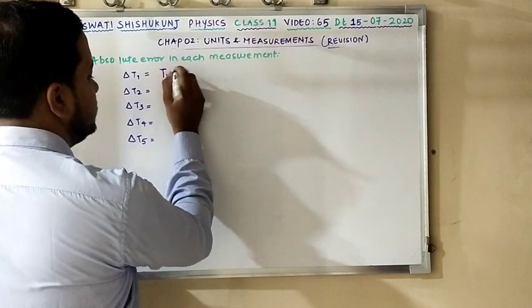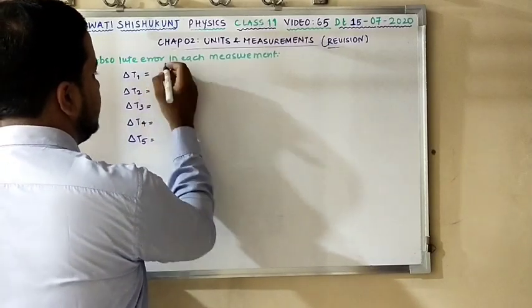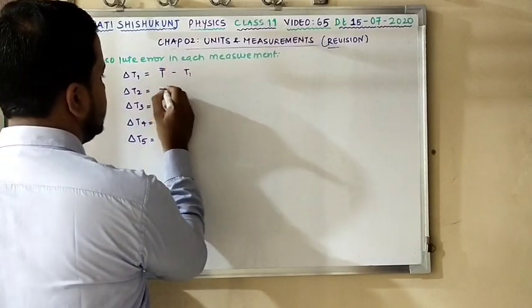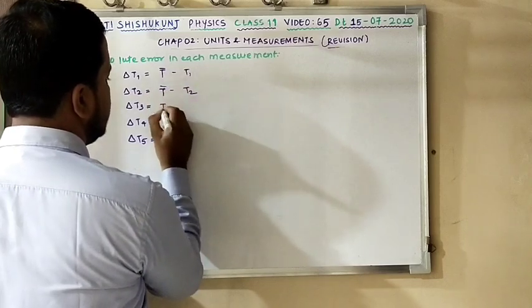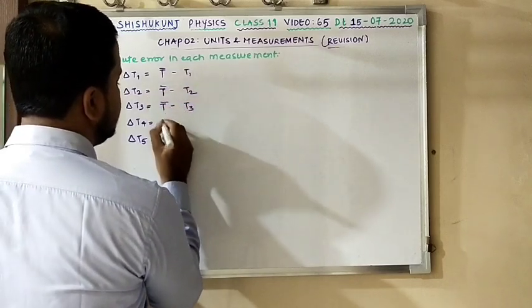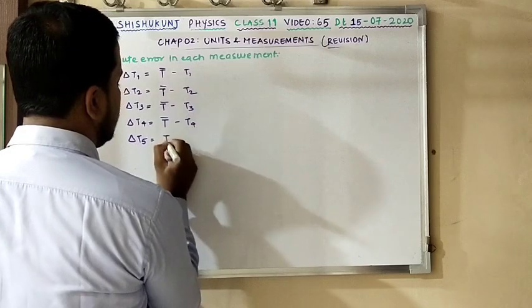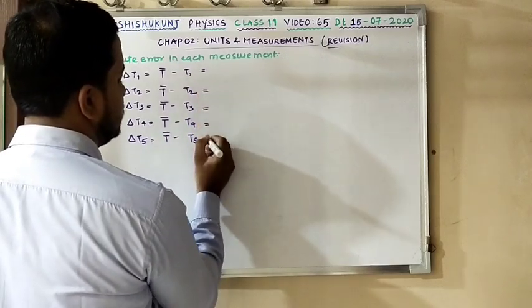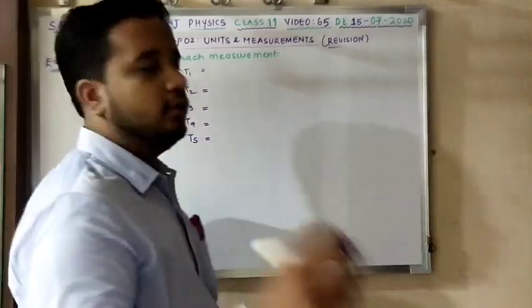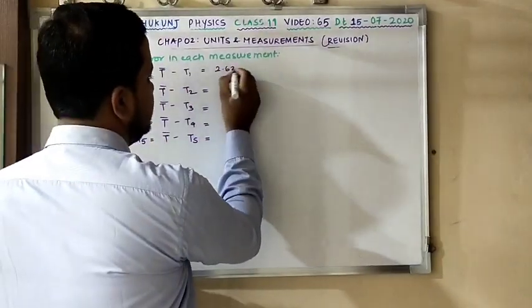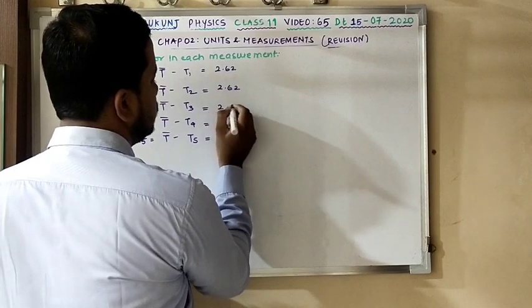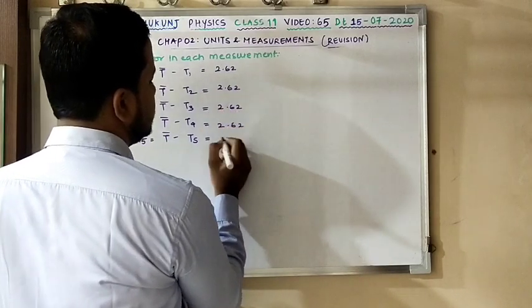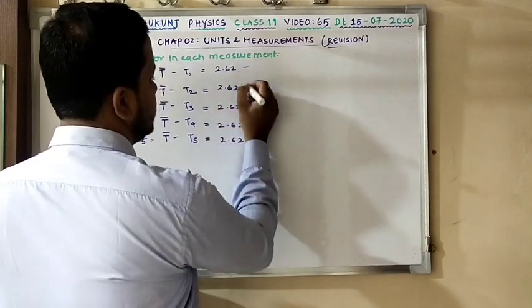Till this clear? Now for the first observation we write the true value minus the observation. True value is T bar, so T bar minus first observation, T bar minus second observation, T bar minus third, T bar minus fourth, T bar minus fifth observation. Is this clear? Now the true value is nothing but 2.62 seconds in each case.